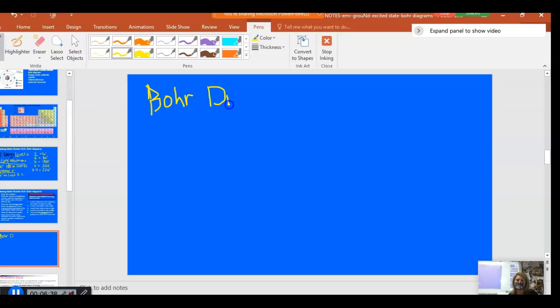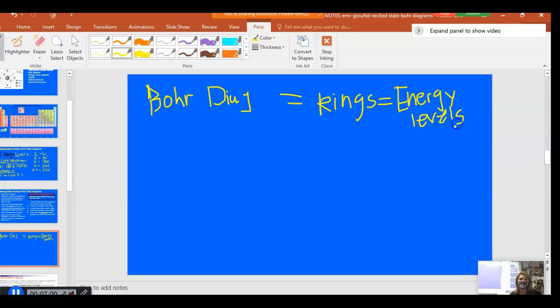Bohr diagram. Okay, so the rings represent our energy levels. Our dots are going to go ahead and represent the electrons.